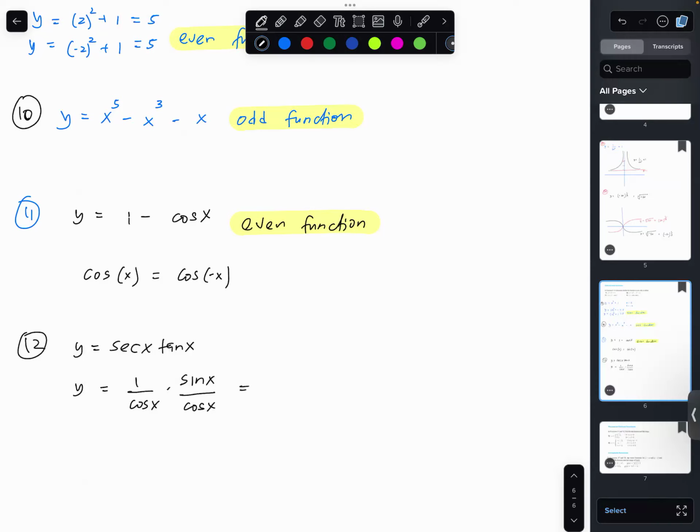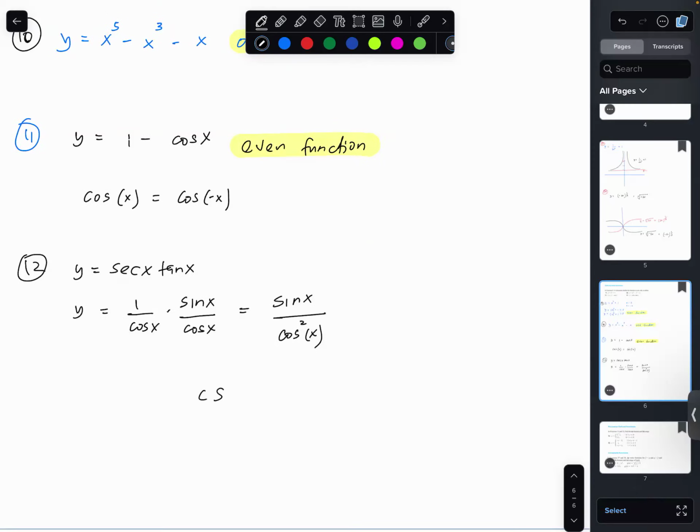So this is the same thing as sin x divided by cos squared x.